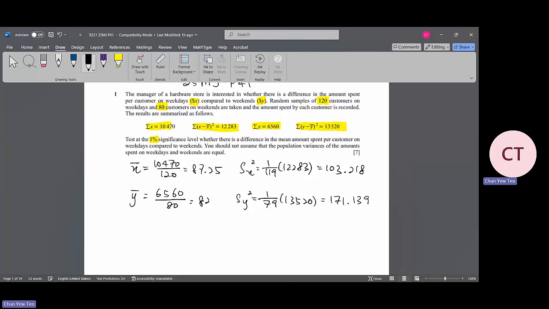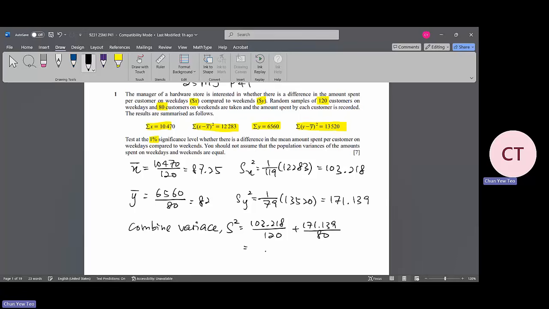So we need to combine these two together as one variance. We have a combined variance, and I use the symbol S square. It will be SX square divided by NX plus SY square divided by NY.